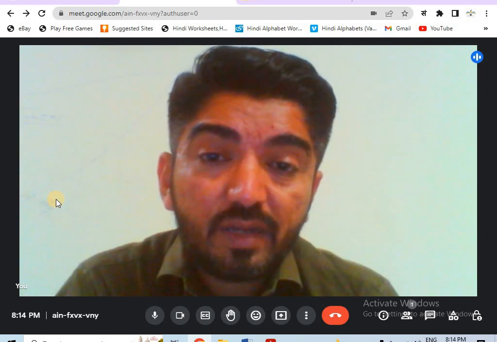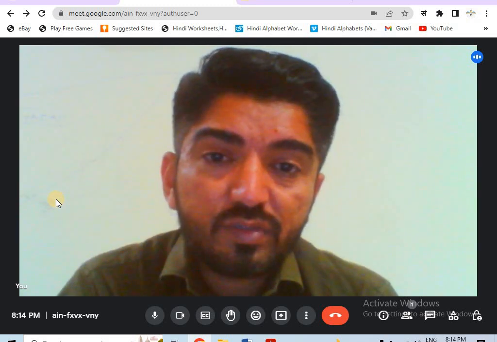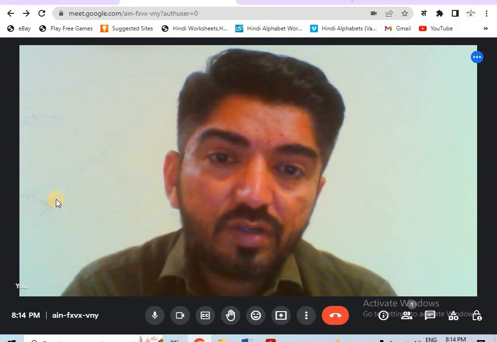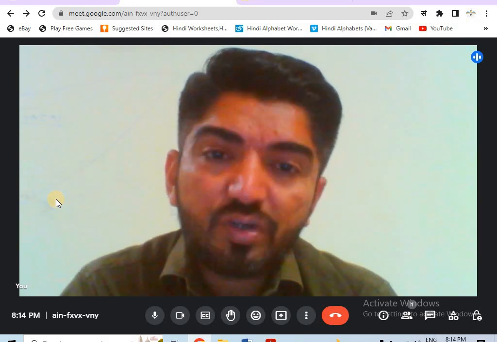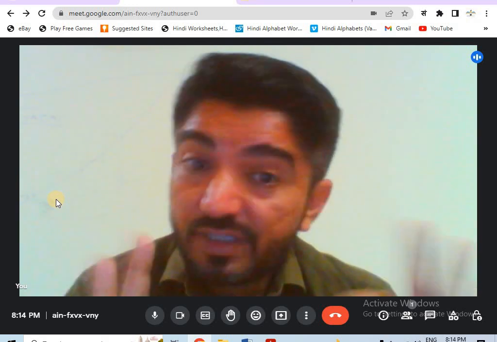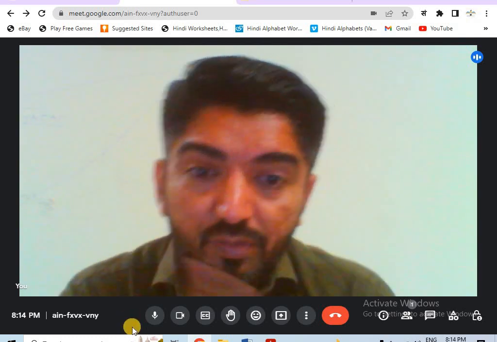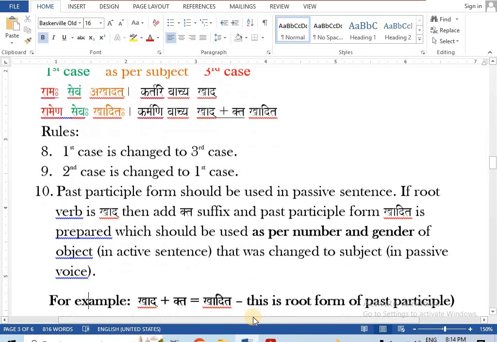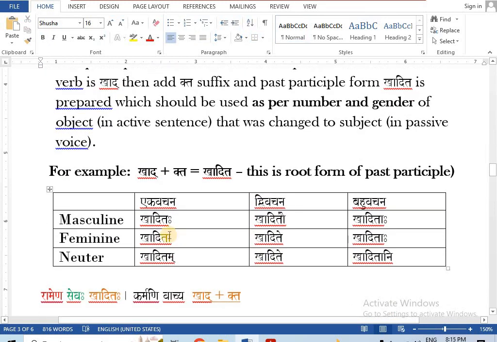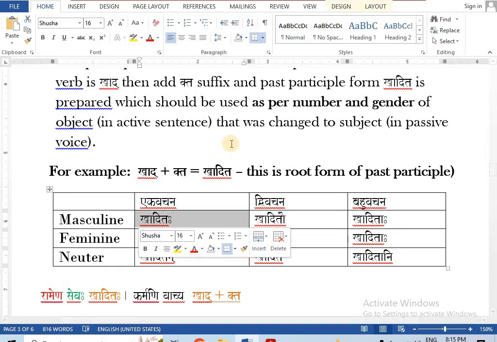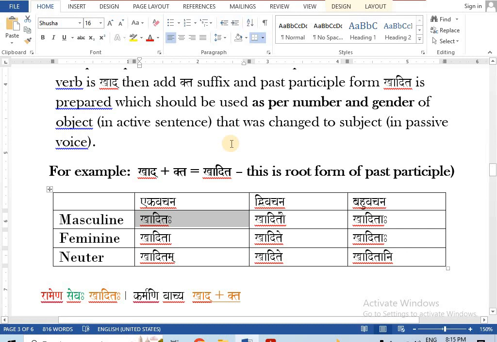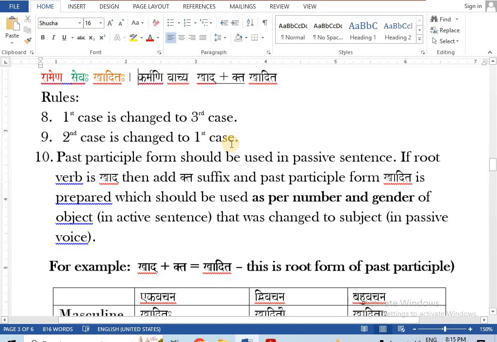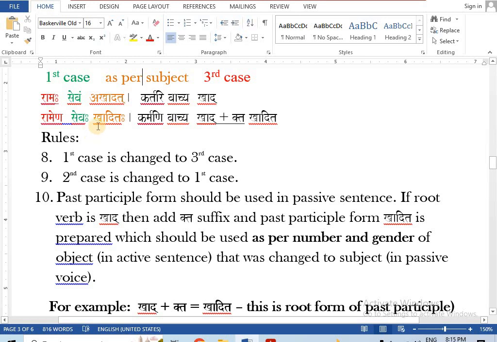Sevaha, Ramaha, Ramau, Ramaha, Sevaha, Sevau, Sevaha. So sevaha is singular. Now we got the answer: masculine singular. Out of these 9 forms that you prepared by adding the ta suffix, take only masculine singular, khaditaha. That's why here we have written khaditaha.